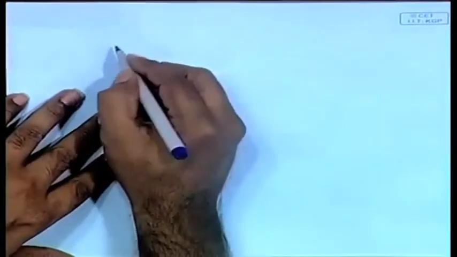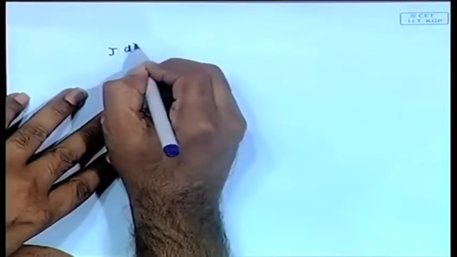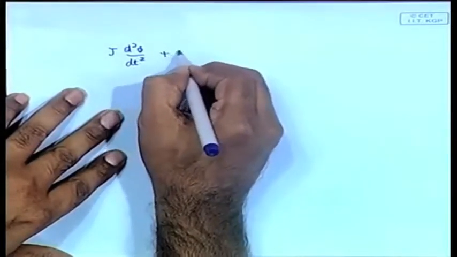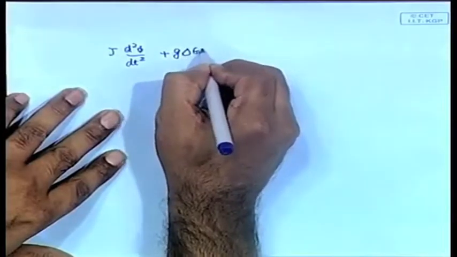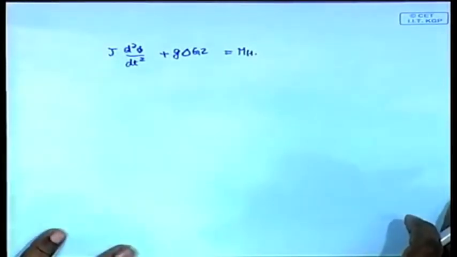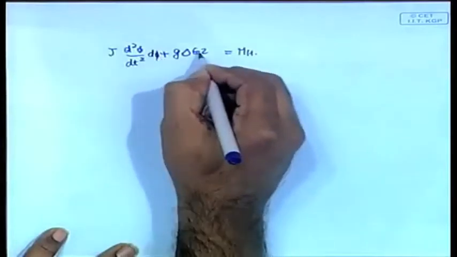Now once you have that, this equation we rewrite as j d square phi by dt square plus g delta gz is equal to mh. Okay, this is the equation. Now we will do one thing: we will multiply all the terms by d phi.